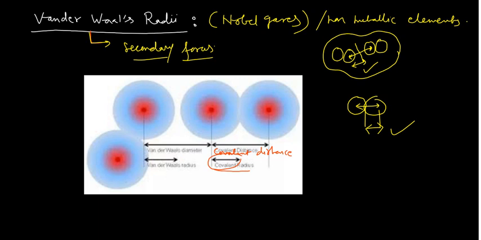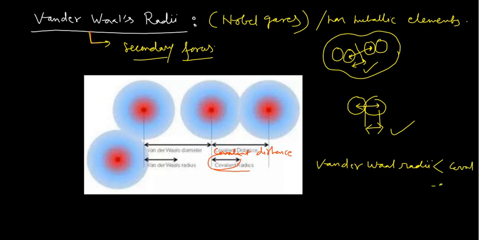And remember one thing, since there is no bonding involved in it, the important thing is that your van der Waals radii will always be lower than, say I can write here, van der Waals radii is less than covalent radii.